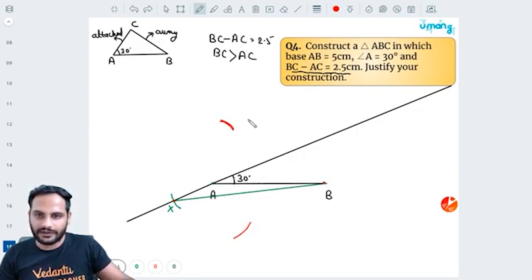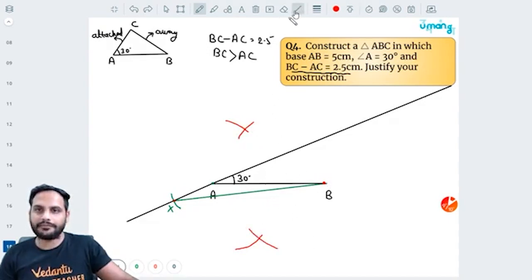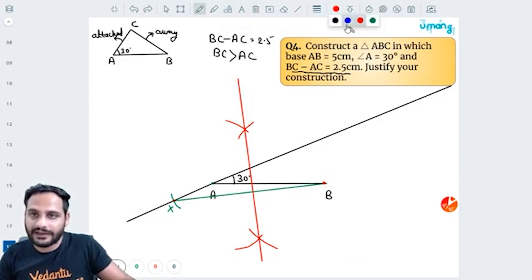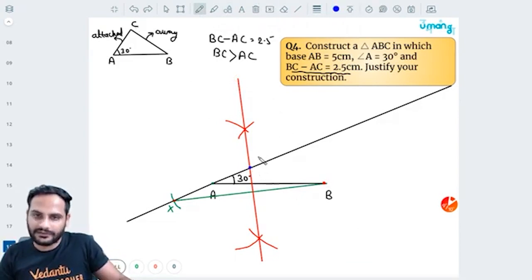Keep it at B. One cut at the top, one cut at the bottom. Let us draw the perpendicular bisector. So this perpendicular bisector is coming in this way. Wherever this perpendicular bisector intersects the original line, that will be your third vertex C.